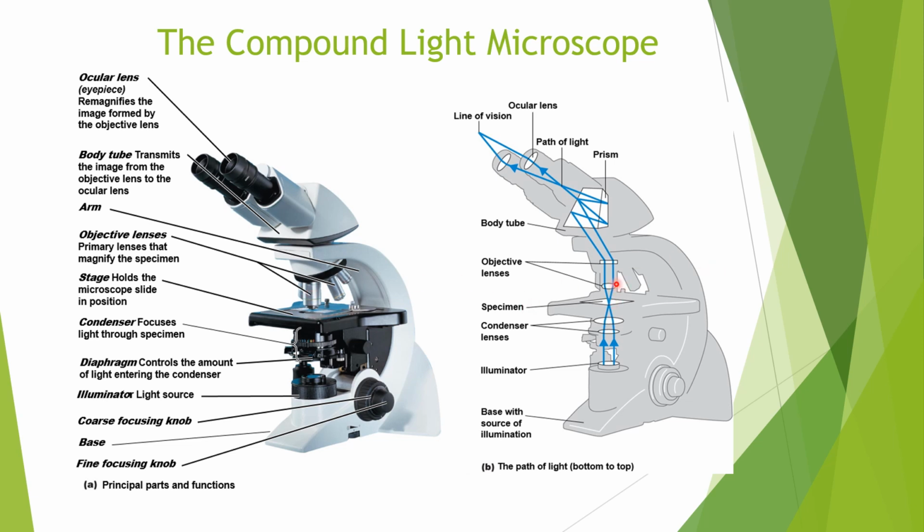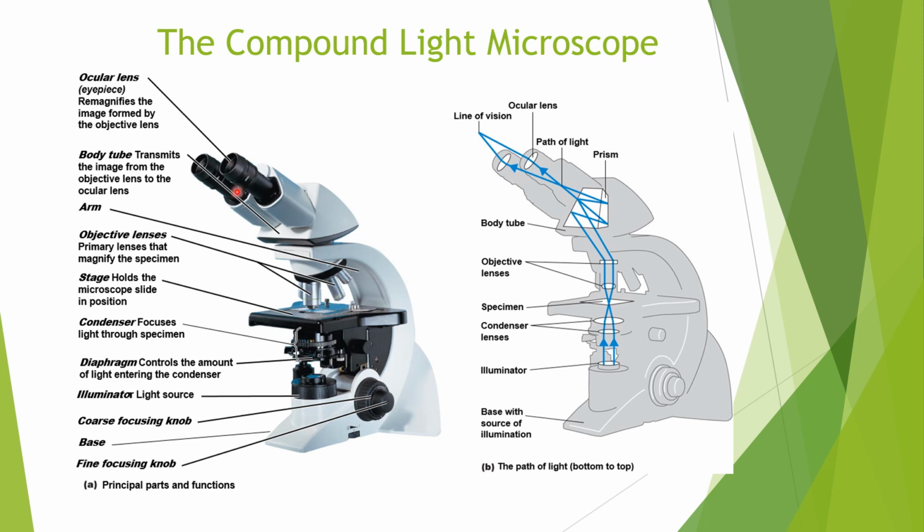The light is going to hit the objective lenses, and then it's going to move up and also pass through the ocular lens. By the way, the ocular lens also magnifies your image. So if you think about it, you're actually magnifying your specimen twice.